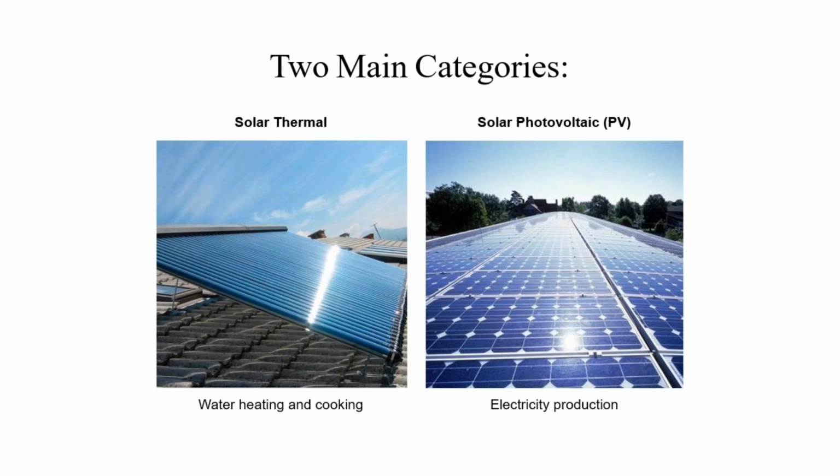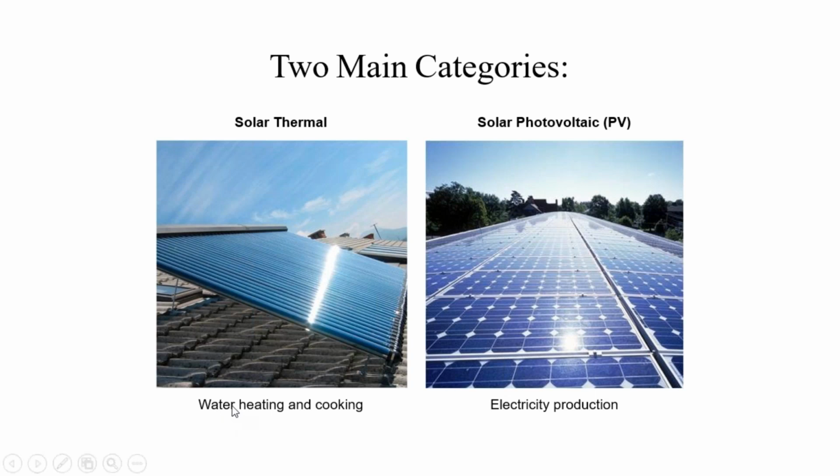It is very well known there are two ways by which we can harness solar energy. One is the solar thermal method, and the second is solar PV, that is solar photovoltaic. The solar photovoltaic system directly produces electricity, as the PV panel is made of semiconductor which has electrons and holes, and with this mechanism the PV is able to produce electricity.